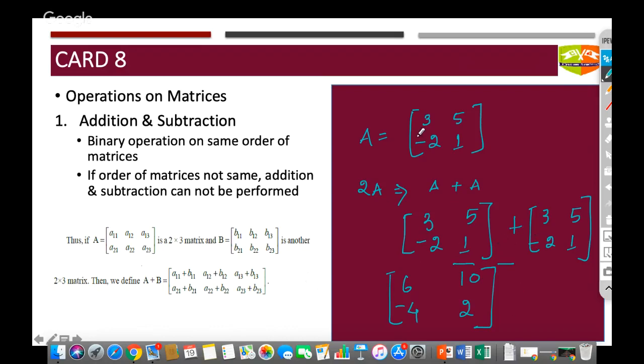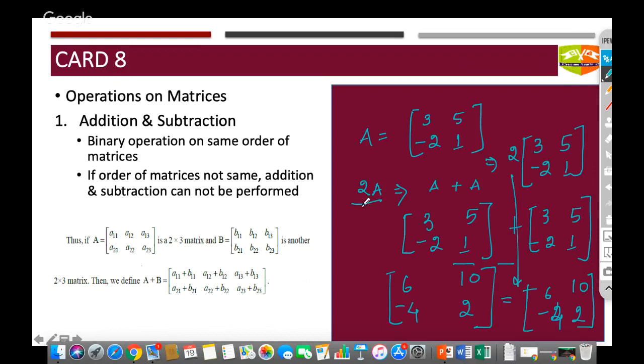Rather than doing this, what I could have done is, if A is multiplied by 2, I could have multiplied each element with 2 and got the same answer. So multiply each element with 2. I'm writing here, you will get 6, 10, minus 4 and 2.